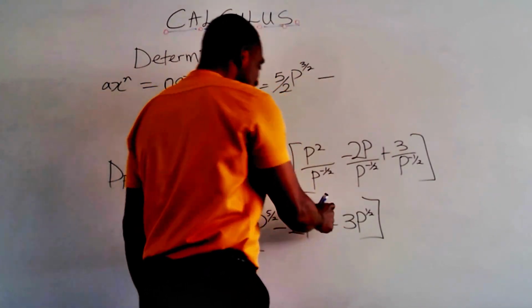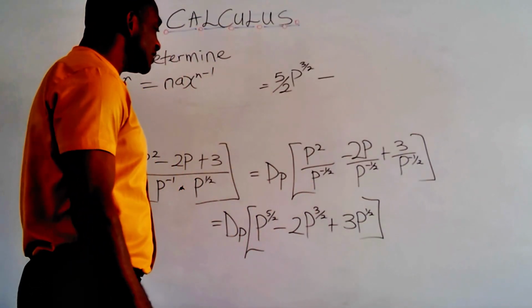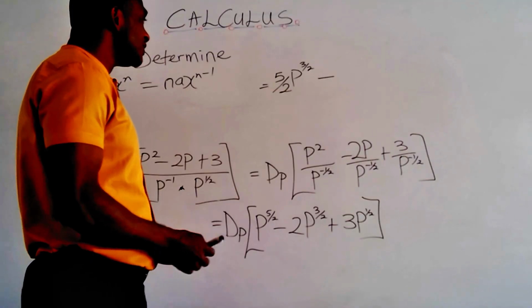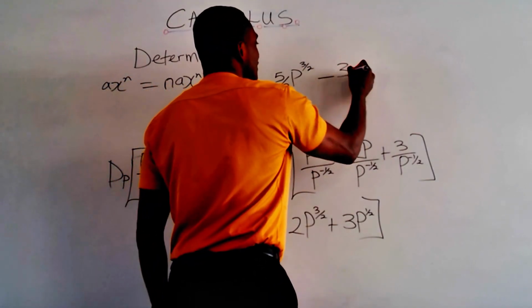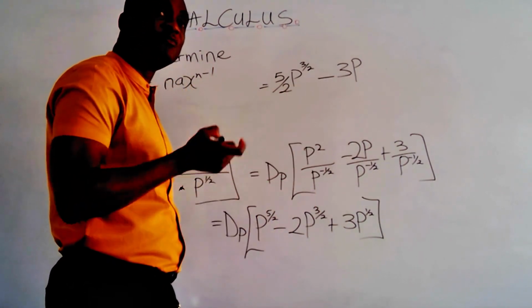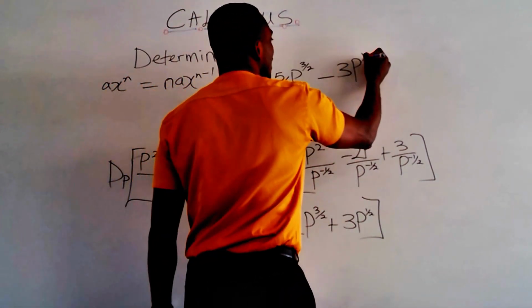Minus, then 3 over 2 times 2 will give us 6 over 2, which is 3. Then we have p. 3 over 2 minus 1 is 1.5 minus 1, which will give us a half.